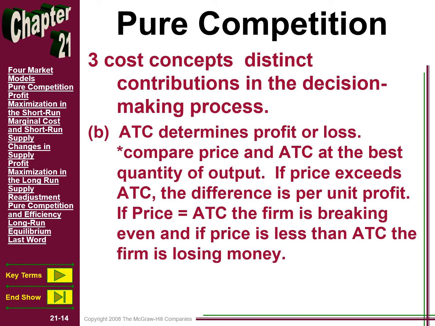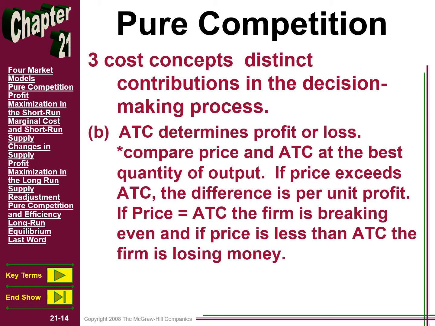All right, so the second cost concept application here, if we relate price in the market to average total cost, it will help us determine in the short run what is our economic profit, or if we are making or suffering a loss in the short run.